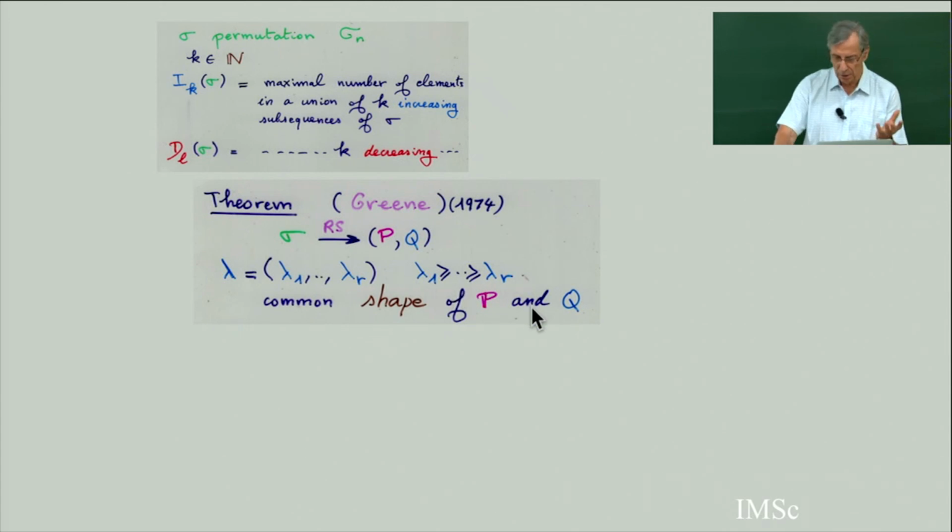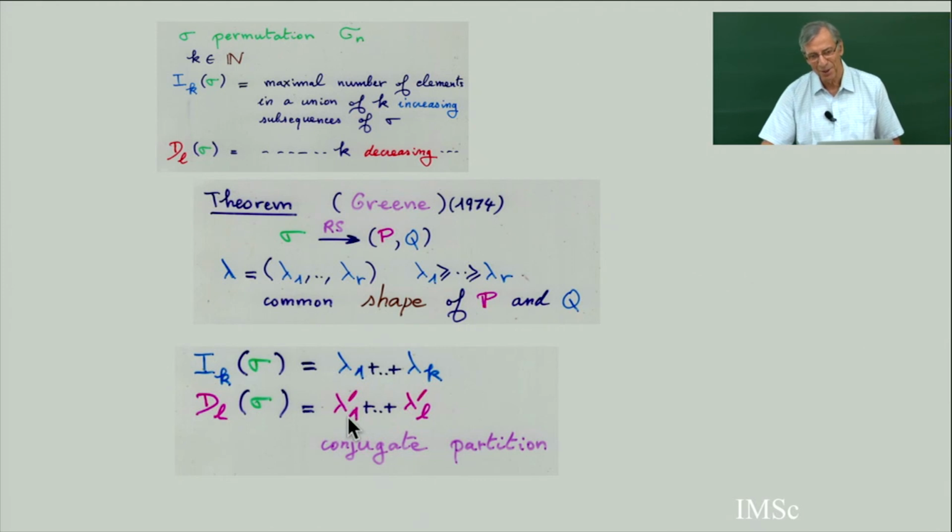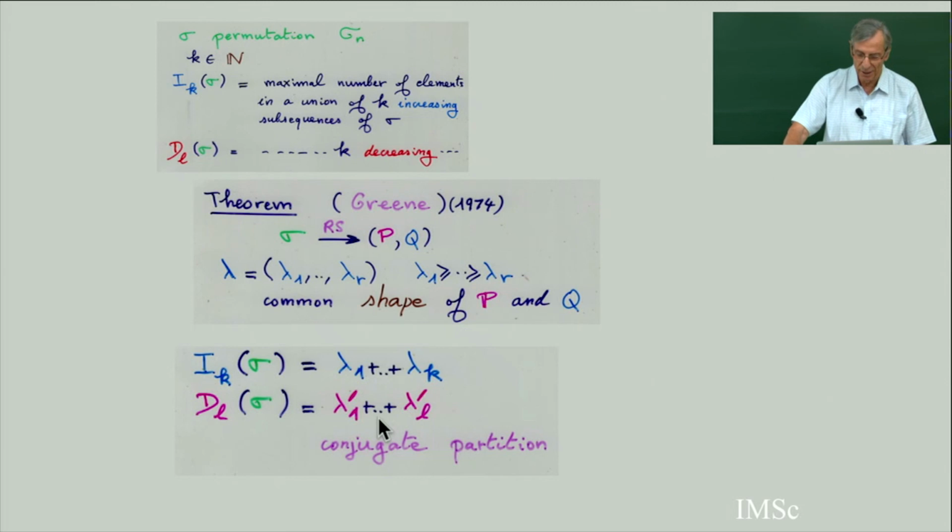So you take the common shape of P and Q, and Greene's theorem tells you that the sum of the cardinality of the first k rows, lambda 1 plus up to lambda k, equals precisely I_k of sigma. And D_l of sigma is the sum of the elements of the first l columns, or it's the sum of the first l elements of the first row of the conjugate partition. Conjugate means instead of reading the partition by row, you read by column, or it's just a transpose of the diagram.